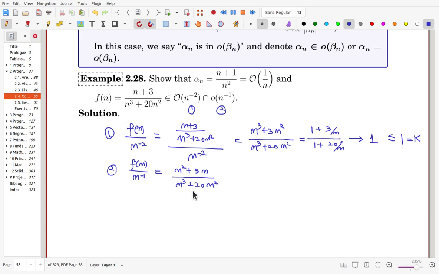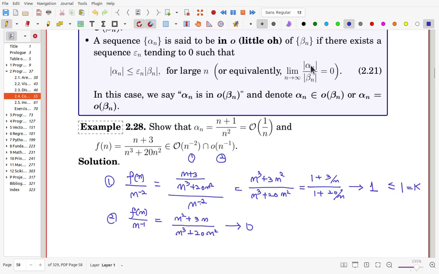Now this is cubic on the bottom, and the numerator is quadratic, so the bottom increases much faster than the top. So we know that it will converge to 0 as n approaches infinity. So here, that is satisfying this one, alpha n over beta n, limit is 0.